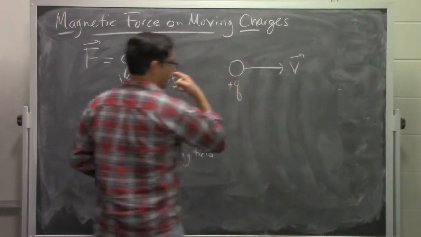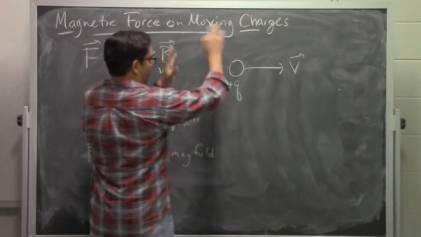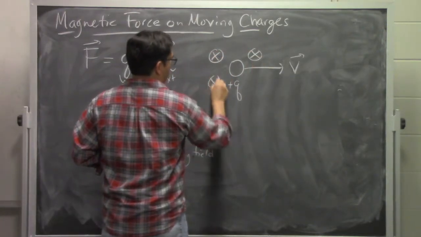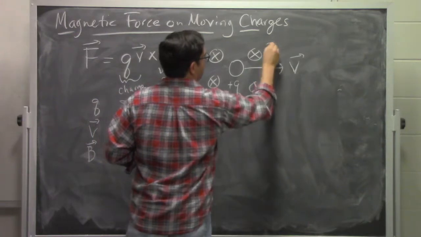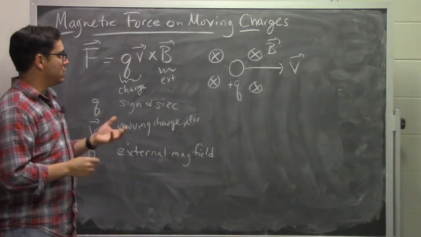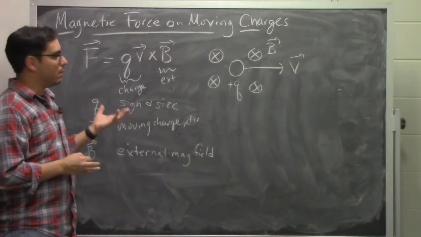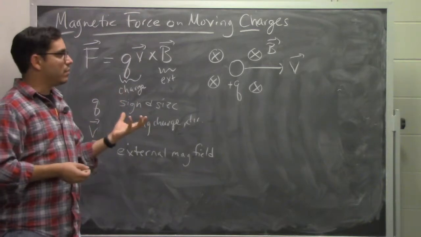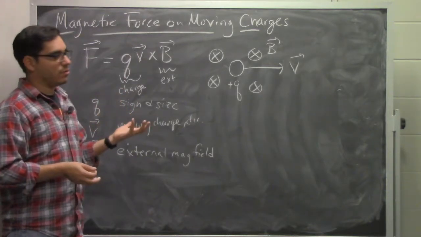So in this case, we'll say that there is some magnetic field that's sort of all over, that points into the board, again due to charges somewhere else. And so we can actually calculate what this magnetic force is that this charge would experience. But what's important for us is actually to determine what the direction of that force is going to be.